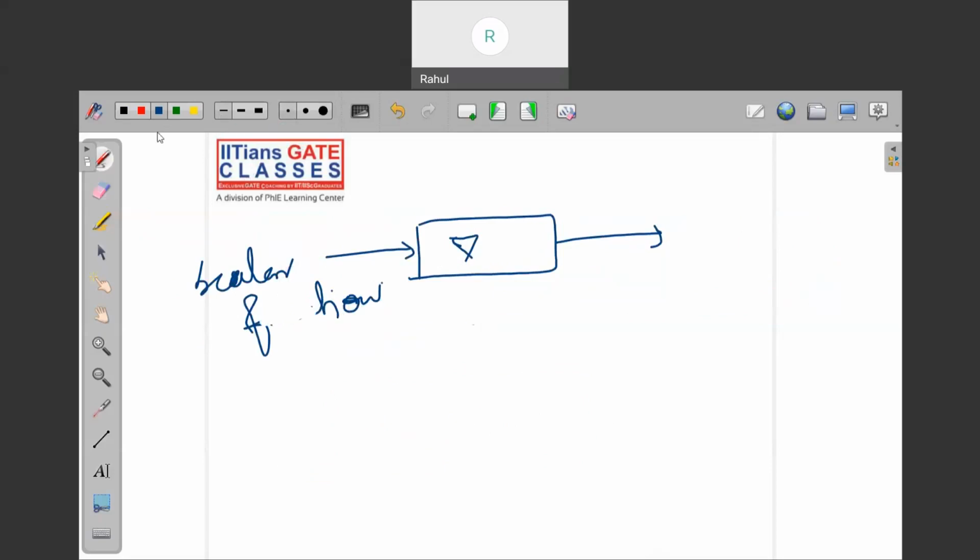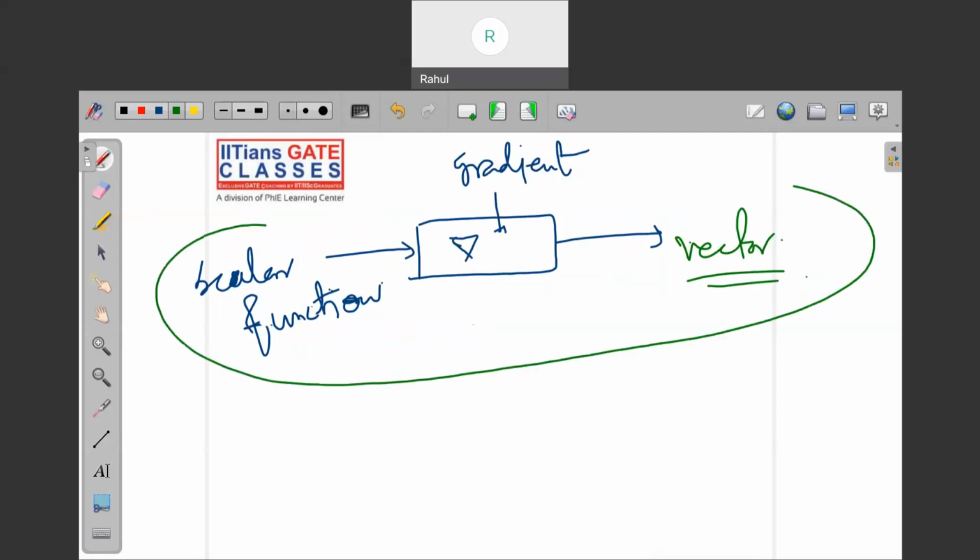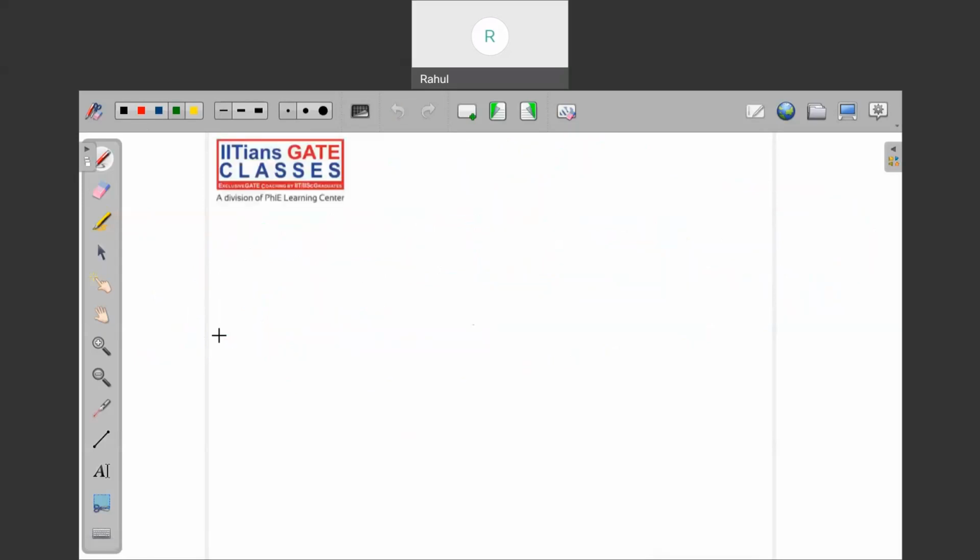My handwriting is cursive, that's why it looks like that. So if you input the scalar function to this gradient operator, what does it give you as an output? It will give you the vector one. This is what you have to keep in mind.